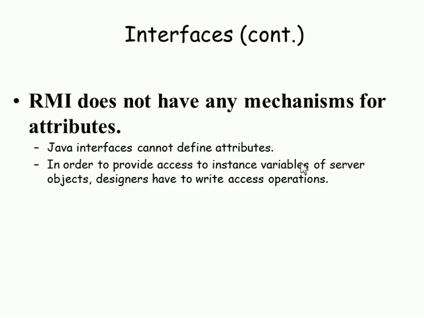So the question of how you handle unreliable communication in RMI is one of those things that remains open. What happens if I said A equals F of B and F never returns? How do I handle that problem? What do I do about it?